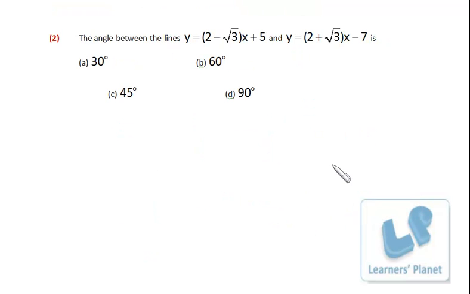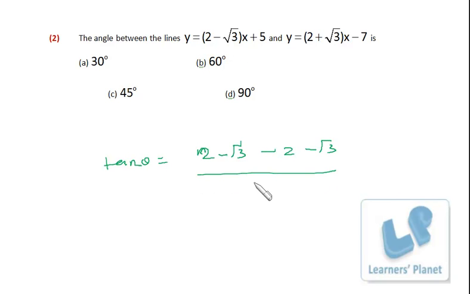Now the angle between these two lines. Very clearly we can see the values of slopes m1 and m2. So once again tan theta is equal to m1 minus m2 upon 1 plus m1 m2. I will not write the formula once again. It is 2 minus root 3 minus 2 plus root 3 upon 1 plus 2 minus root 3 into 2 plus root 3.